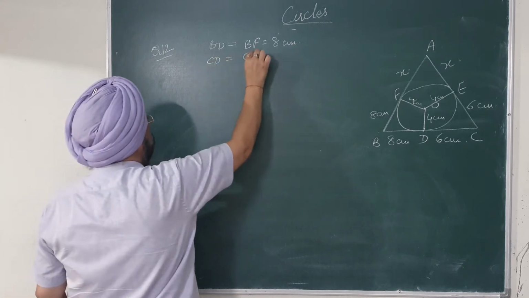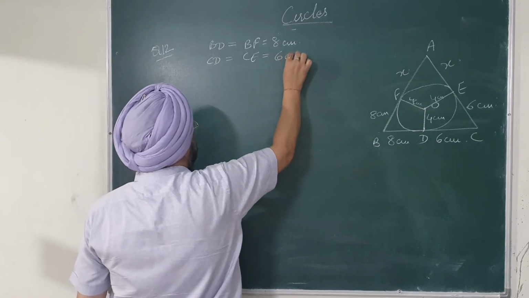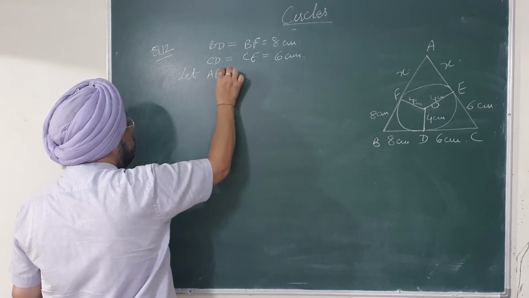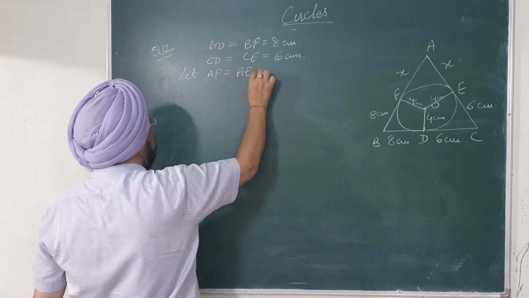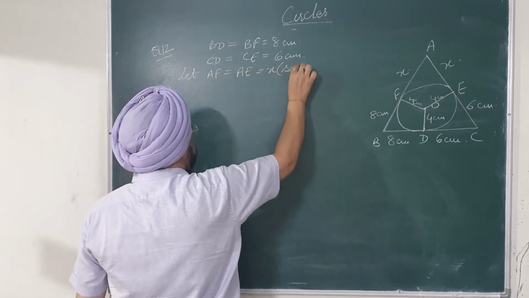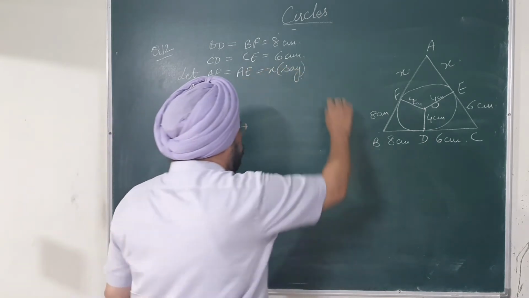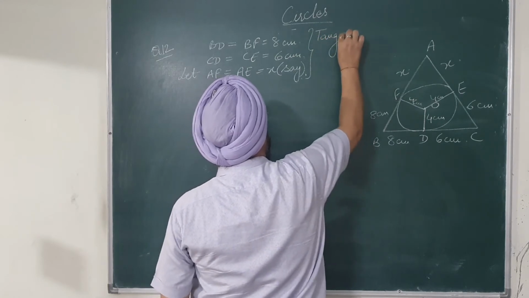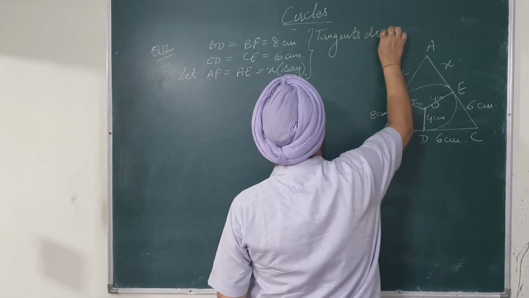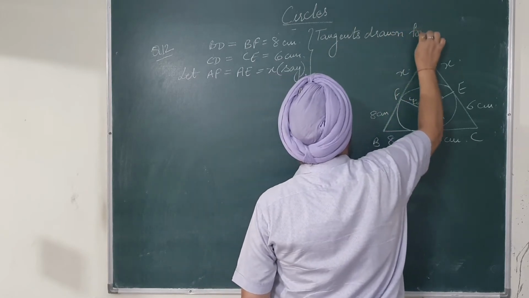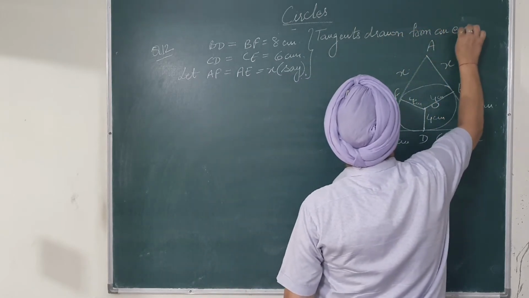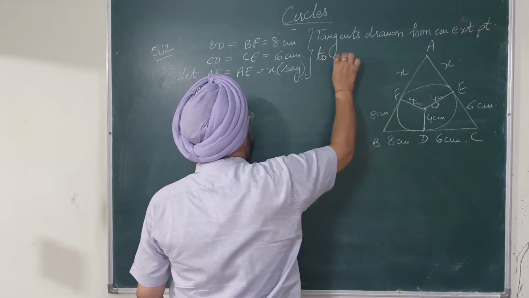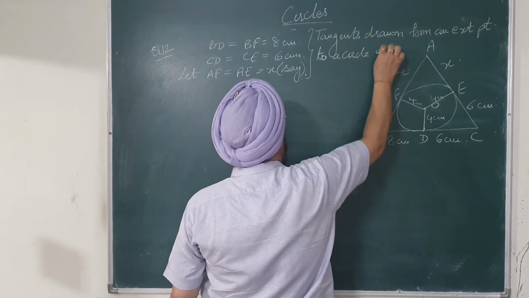CD is equal to CE, both are equal to 6 centimeters. So let AF be equal to AE equal to X, let us suppose. So the reason for all these three statements is tangents drawn from an external point to a circle are equal.